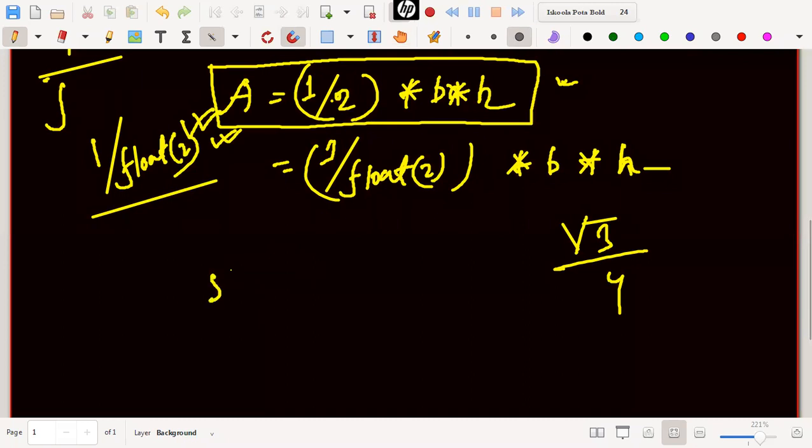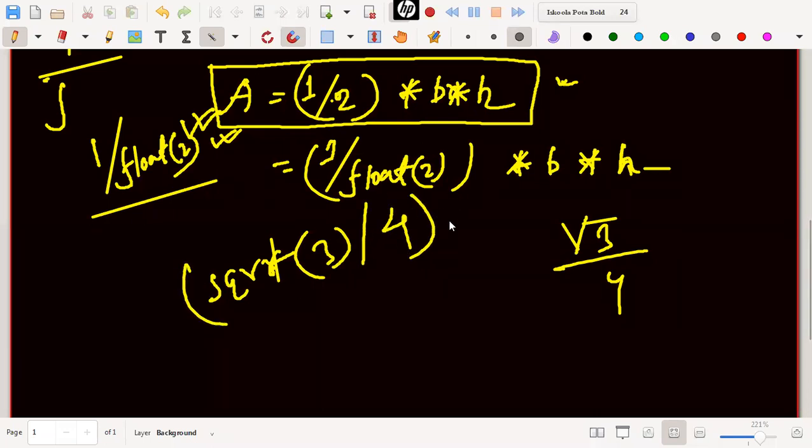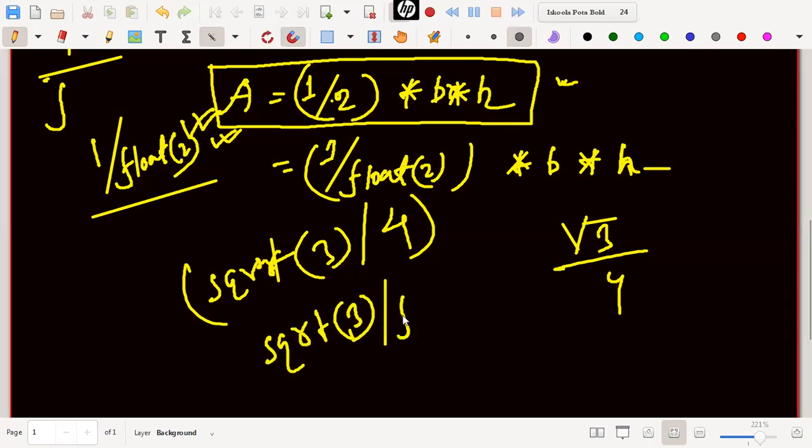So we have to define sqrt square root 3 then /4, and this is the correct expression in C. But if in your C programming expression we define sqrt 3 / float 4, this is the correct expression of writing in the C programming language.